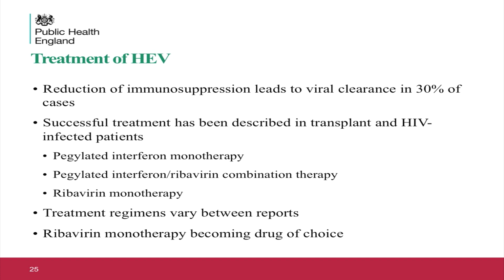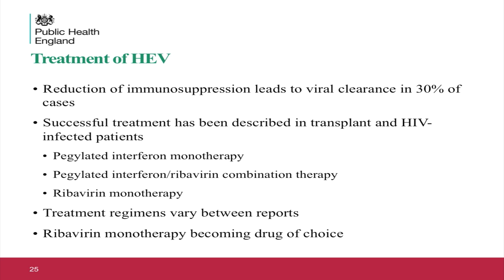So the prognosis for these individuals has remained very poor. Some of the data coming out of the transplant settings suggest that if you reduce the level of immunosuppression an individual is on, it will lead to viral clearance, but only in about 30% of cases. But these cases are now being treated successfully, and this is both in the transplant and the HIV setting.